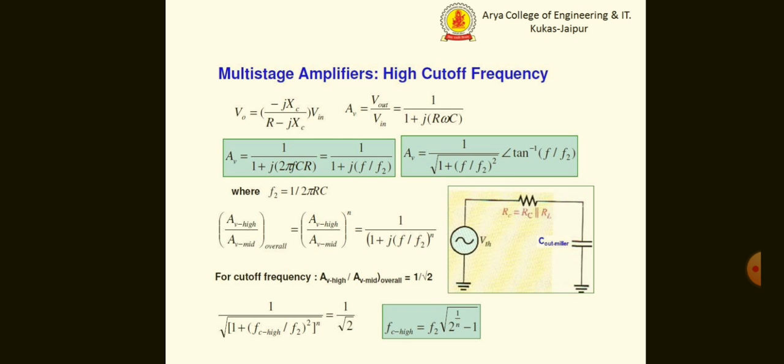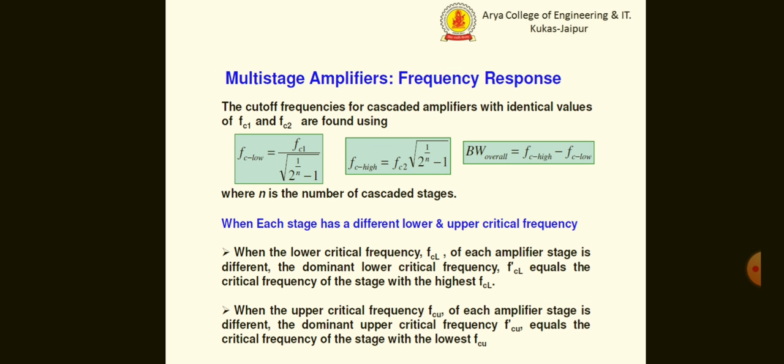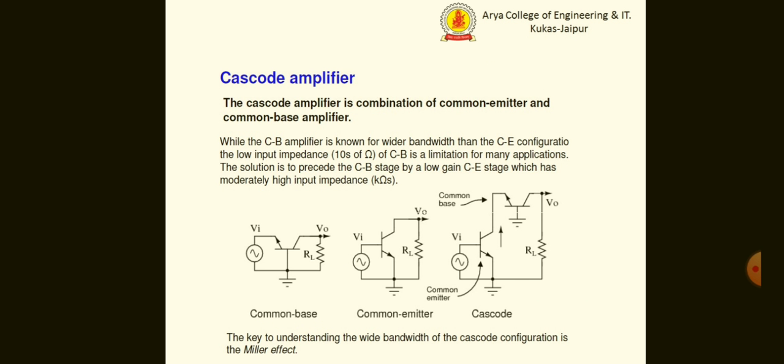Finally, we have found the cutoff frequency, and we have stated Fc high equals F2 times the square root of 2 raised to the power 1 by n, minus 1. The multi-stage frequency response is given in this form, and the bandwidth is the higher cutoff frequency minus the lower cutoff frequency.